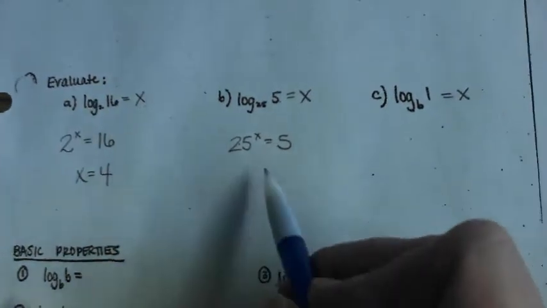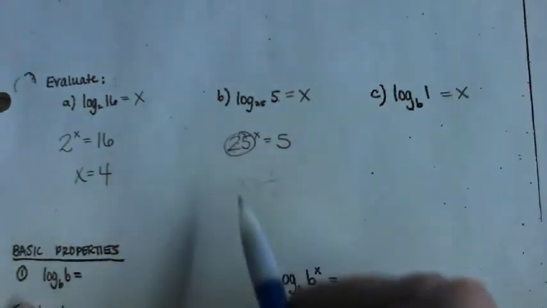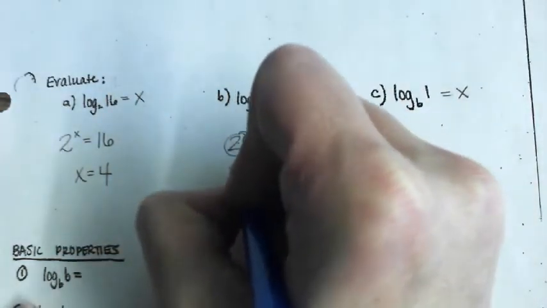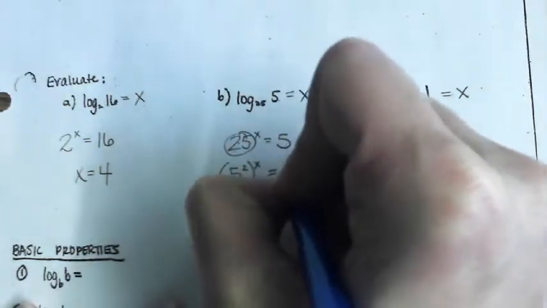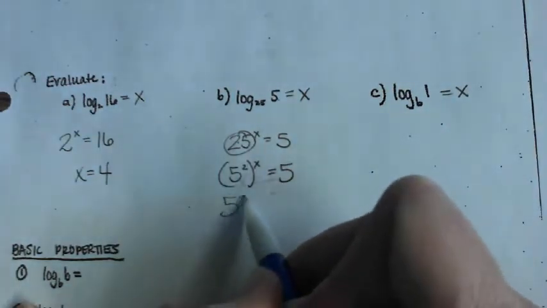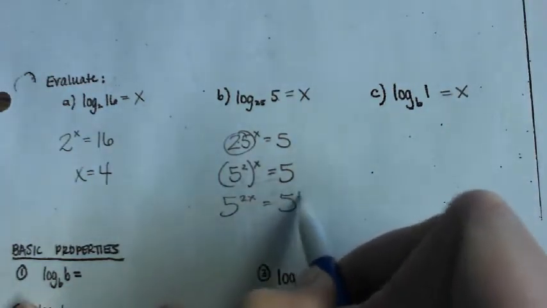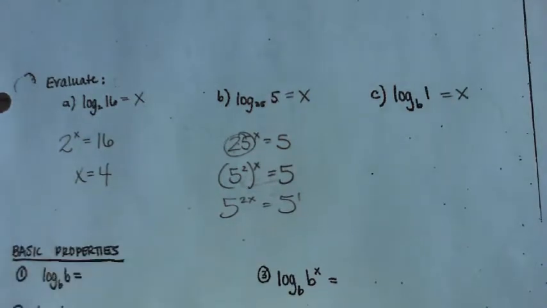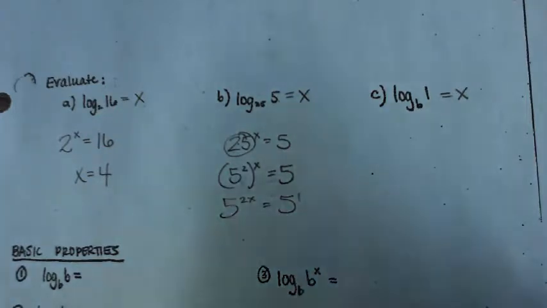If you couldn't think that through, you could change 25, get your common base, 5 squared, to the x equals 5. And then power to power means multiply, right? So 5 to the 2x equals 5 to the first. And then you can just set those exponents equal to each other now that there's the same base on both sides. If 2x equals 1, then x equals 1/2.